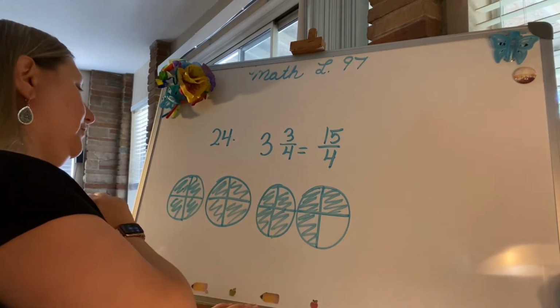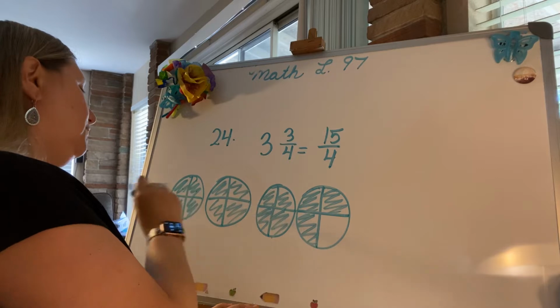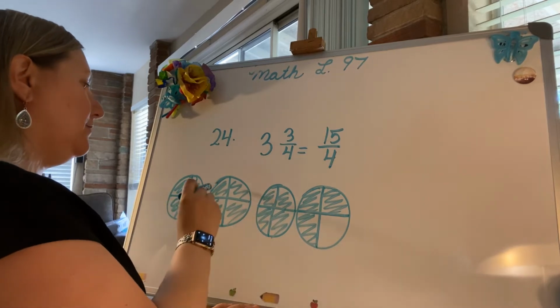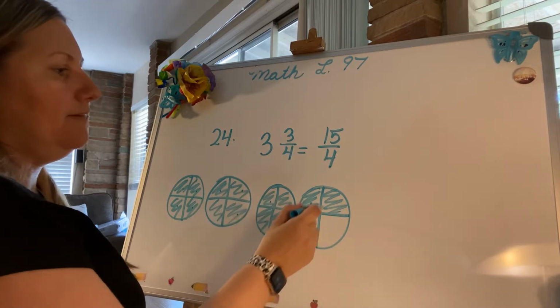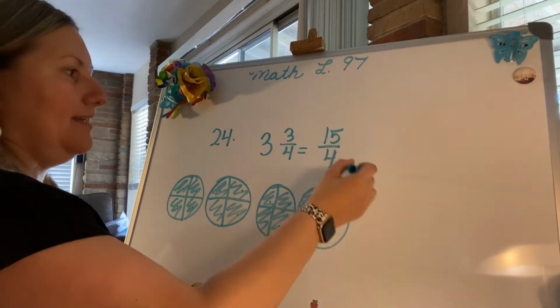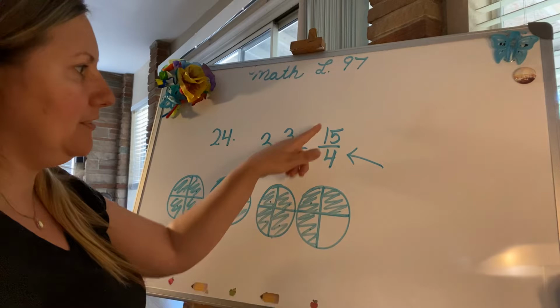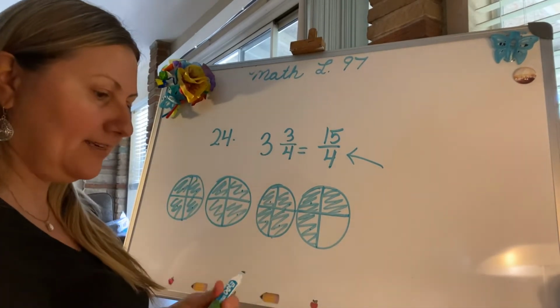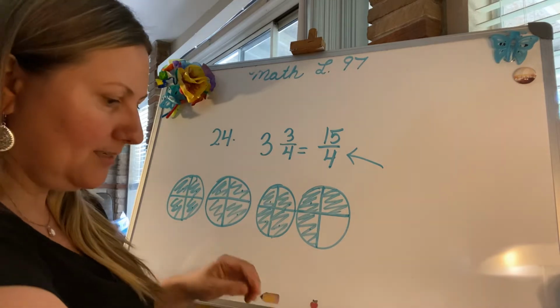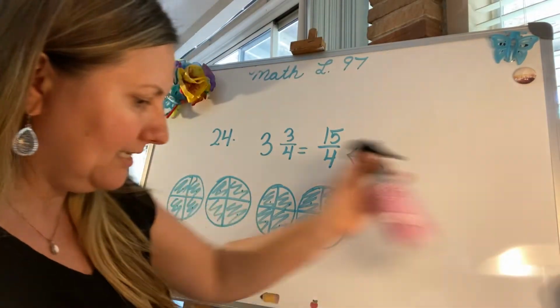There's 1/4, 2/4, 3/4, 4/4, 5, 6, 7, 8, 9, 10, 11, 12, 13, 14, 15. And yes, indeed, we have 15/4. So that's perfect. Okay. Next, we are on to number 26.